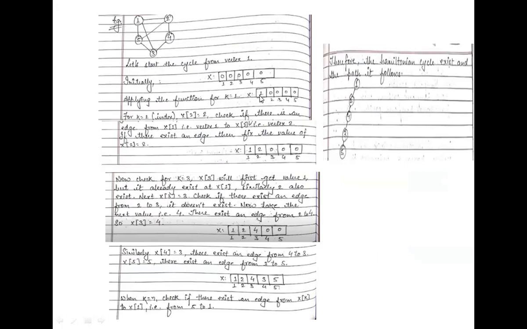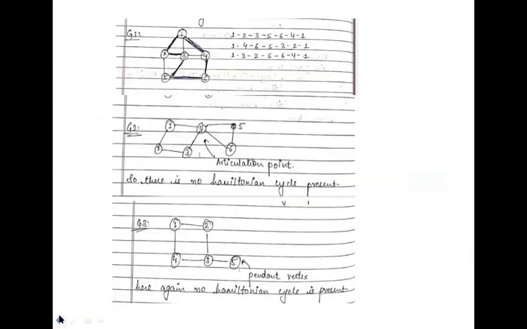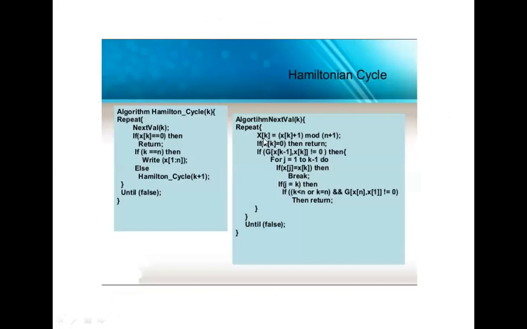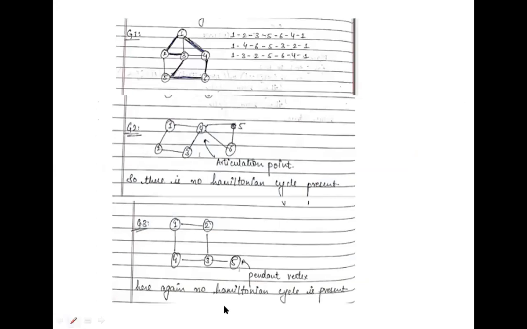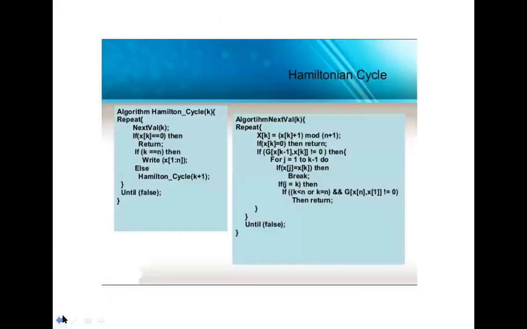Then x of k equal to 1, then k plus 1 mod n. If k equal to 0, you just return, which means there is no edge. If k equal to n, you have visited all the vertices and reached the final solution, then you print here.